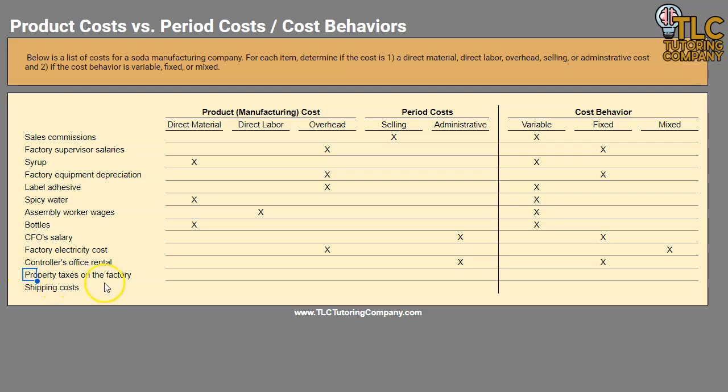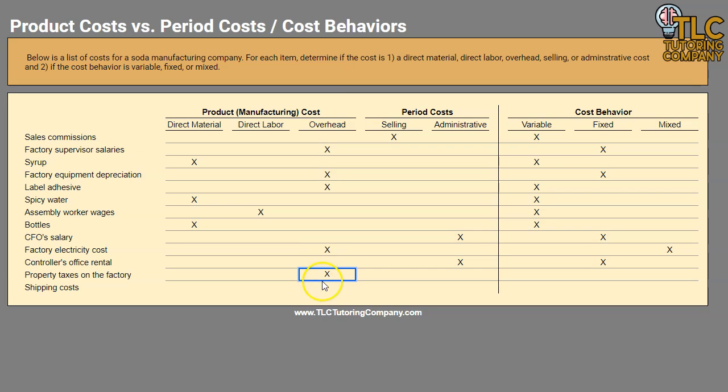Next, property taxes on the factory, right? So if these were property taxes on the corporate headquarters, we would say period cost. But these are property taxes on the factory. So this is a manufacturing cost. And we know it's not a direct material. We know it's not direct labor. So it must be overhead, right?